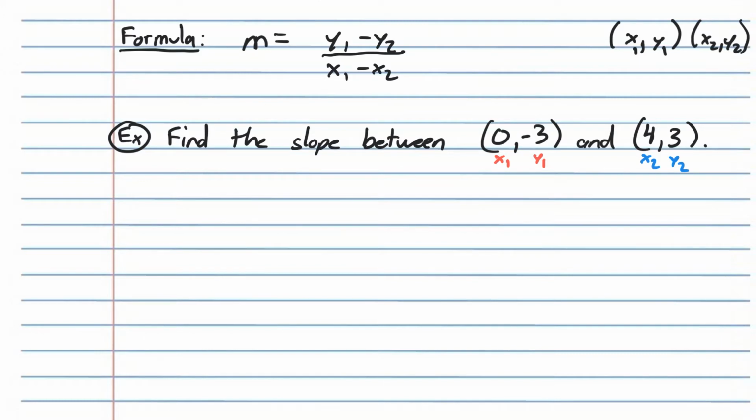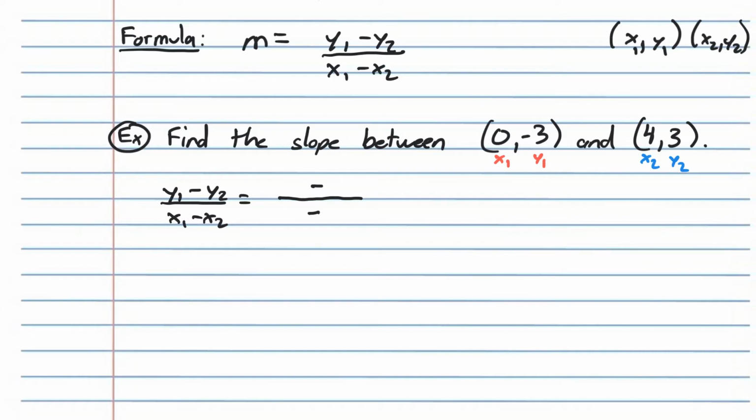Okay, so remember the formula is y1 minus y2 over x1 minus x2. The second thing you want to be careful of is that those minus signs can very easily mess things up. So another recommendation I make is set up your fraction ahead of time, put your minus signs in the middle, then you only have to plug in the numbers as they are.